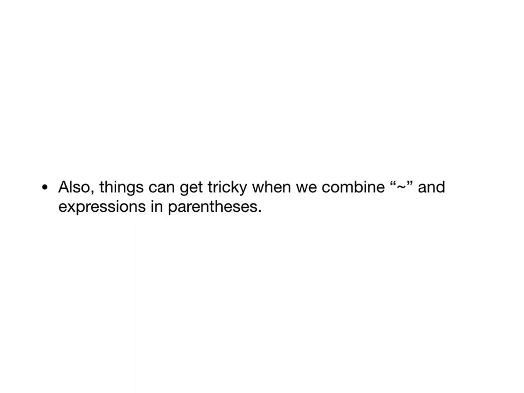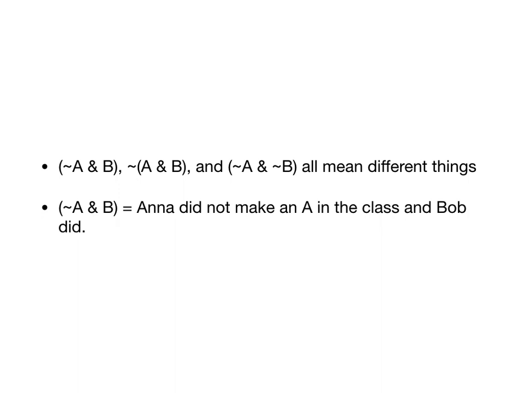Also, things can get tricky when we combine the little tilde and expressions in parentheses. Tilde A and B, tilde parentheses A and B, and tilde A and tilde B all mean different things. Not A and B means Anna didn't make an A in the class and Bob did.